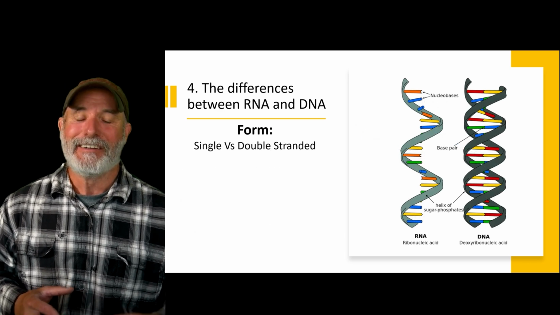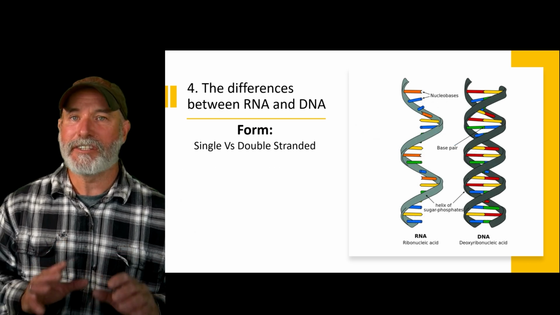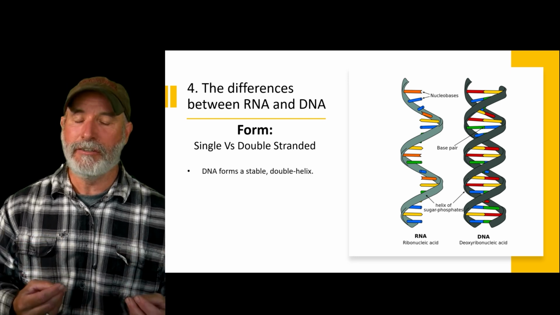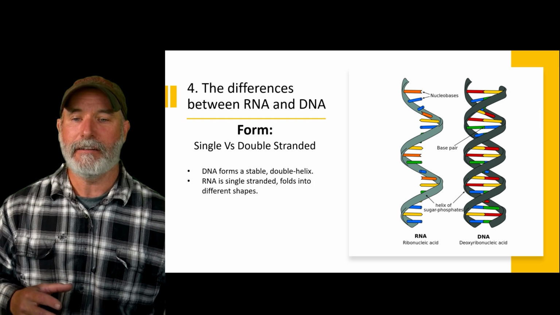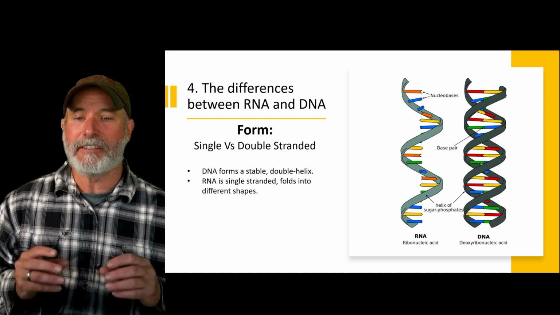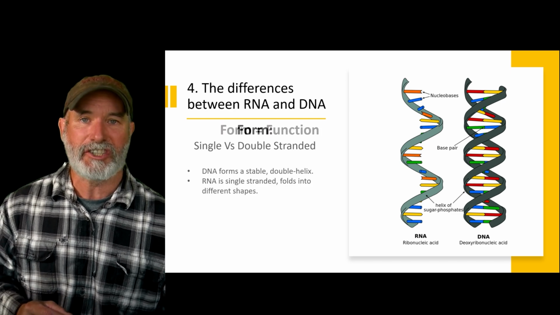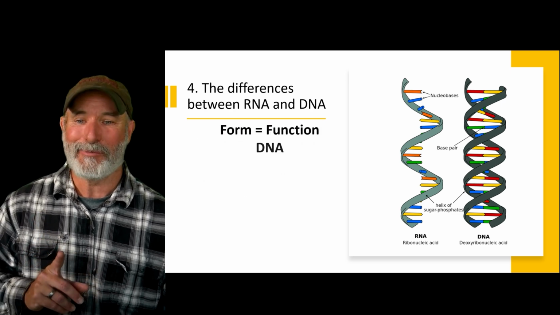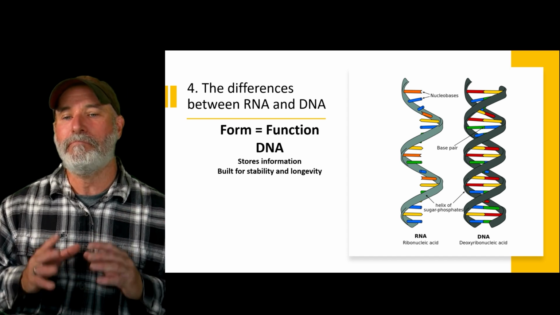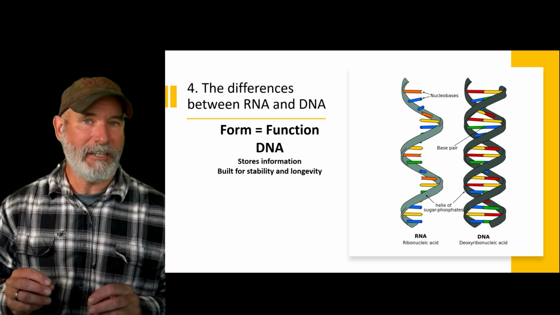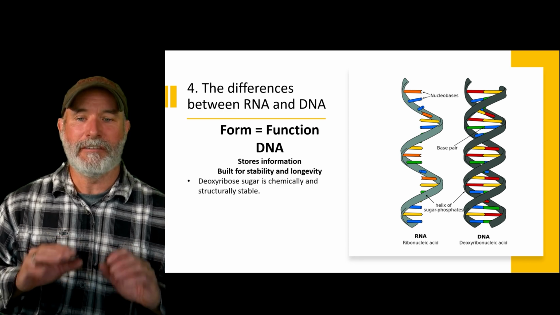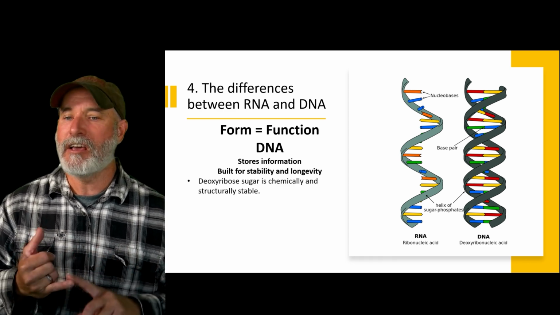All right. Now, here's the next one. Single versus double-stranded. DNA, as you know, is a double helix. It is very stable. It holds information. RNA is single-stranded. It folds into different shapes. Okay, here's our form and function. DNA stores information. This molecule is built for stability and longevity. Okay, this is important. The deoxyribose sugar is chemically stable.